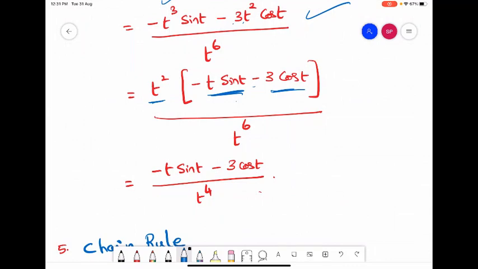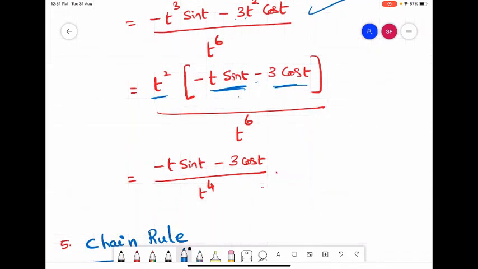Cancel t square with t power 6, and t power 4 remains. So you have minus t sin t minus 3 cos t by t to the power of 4. This is what we mean by the quotient rule.